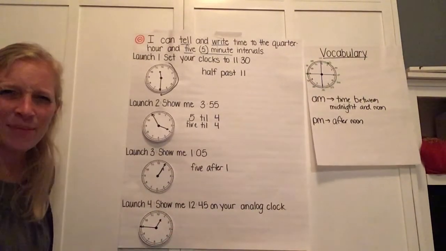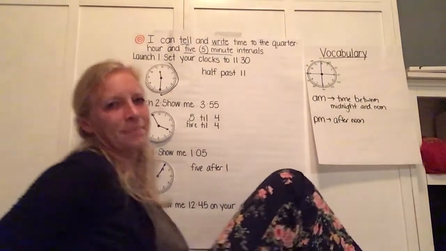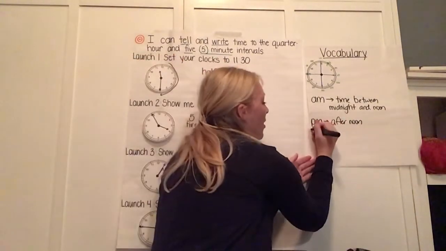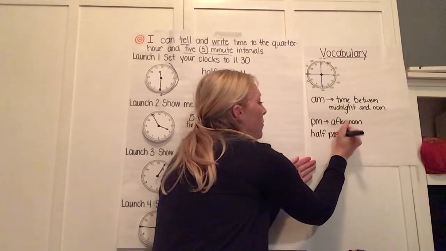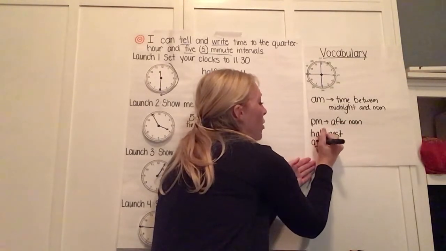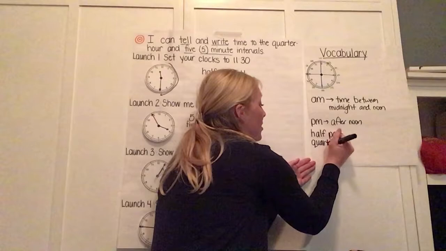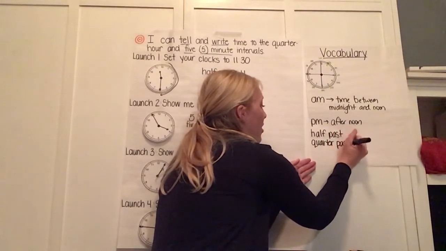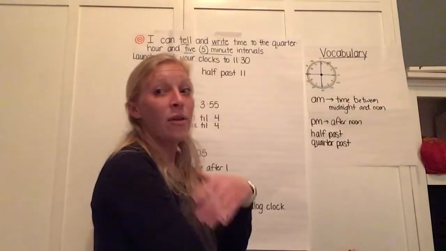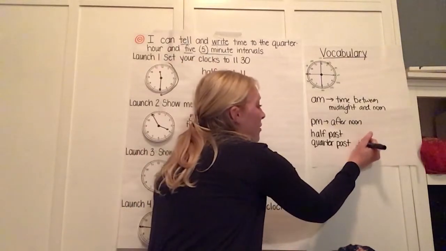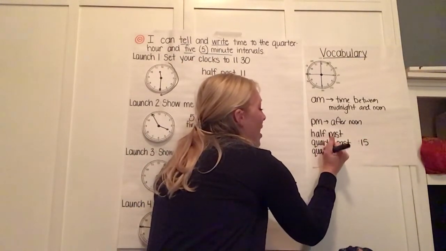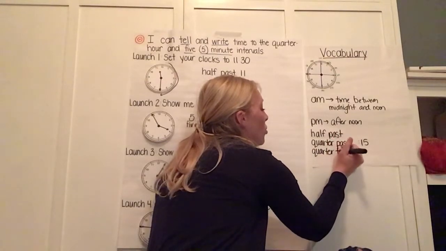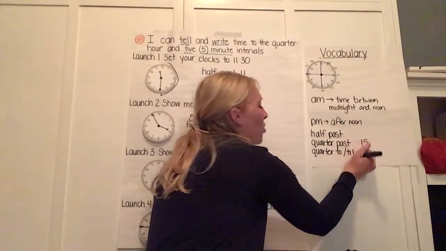And what's that name that we say? We have our half past, our quarter past, which we used yesterday. That means it's 15 after. Then we have our quarter to, or we might say quarter till.